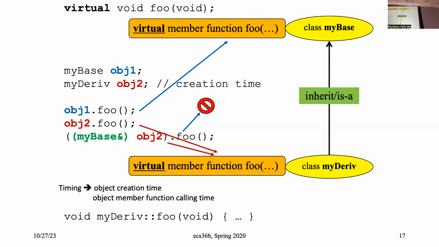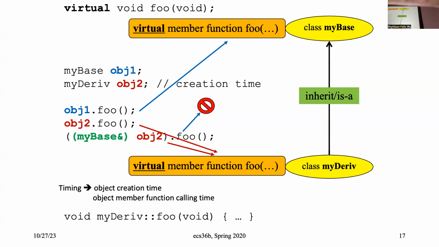So the line number 2 and this line cannot be correlated by the compiler in general. Object creation time can only be determined at runtime, while object calling time can be determined at compile time, because the compiler knows here's where you call the function.